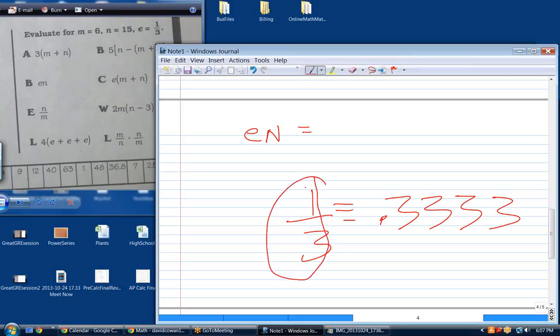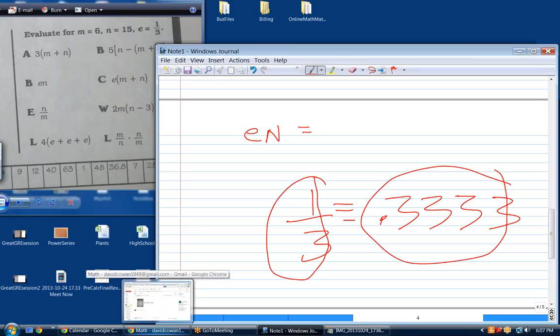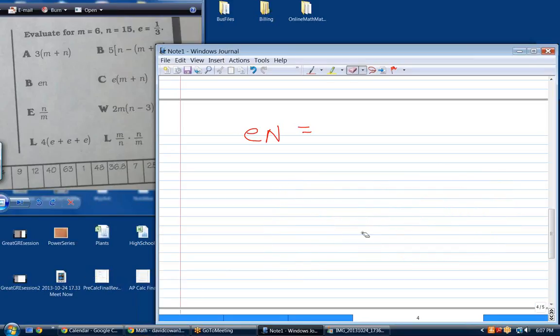I shouldn't have said always. I should have said you use whichever is most exact. This is an approximation. That's been rounded off. But 1/3 is exact. So we're going to use 1/3. So it's 1/3 times 15. What's that equal to?